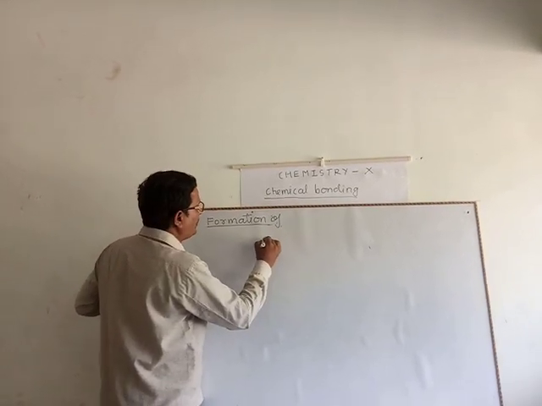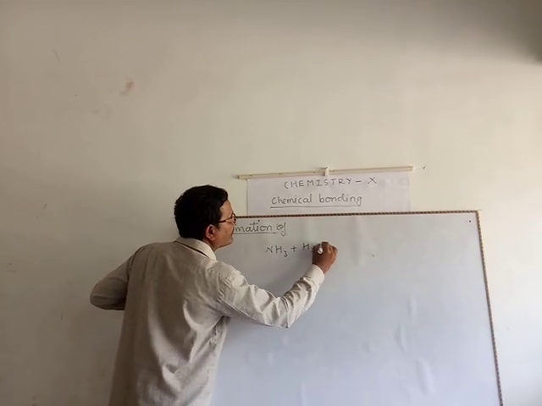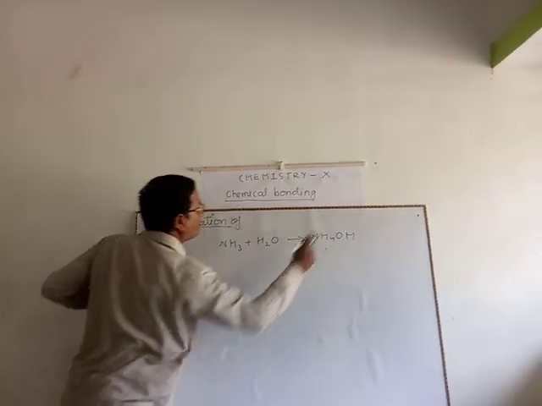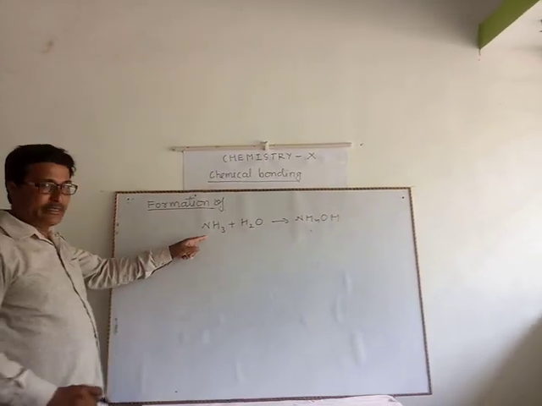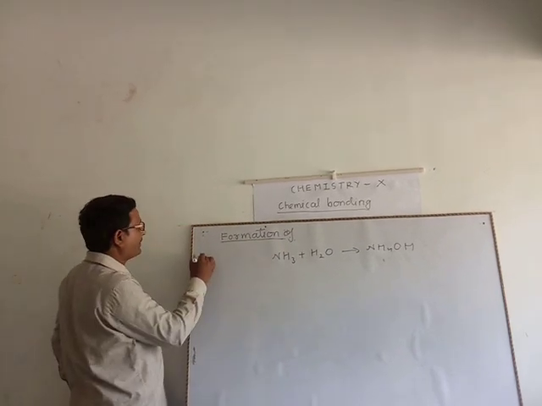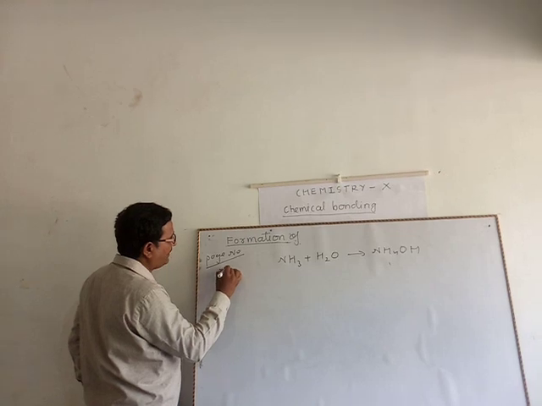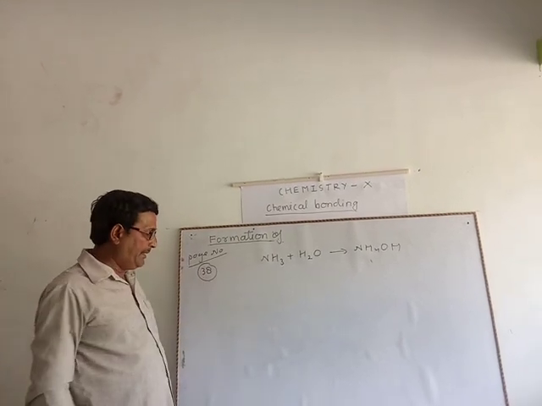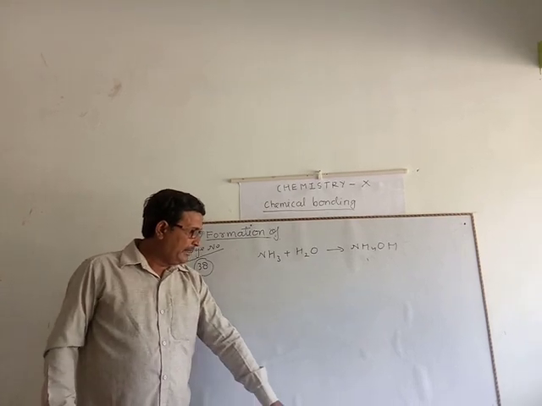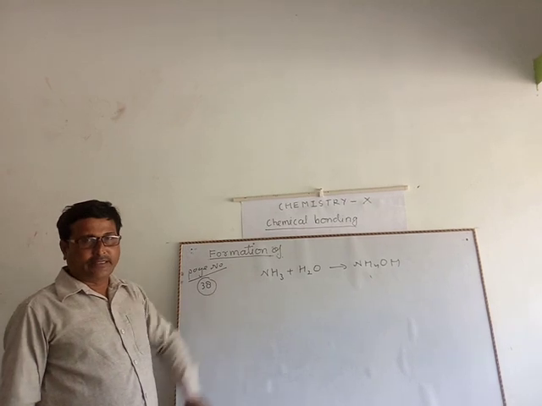See, the solution of ammonia forms ammonium hydroxide. It is the solution of ammonia gas. In the exercise, page number 38, give the reason. The first question: ammonia gas is a covalent compound and does not conduct electricity, but its aqueous solution is a weak electrolyte.